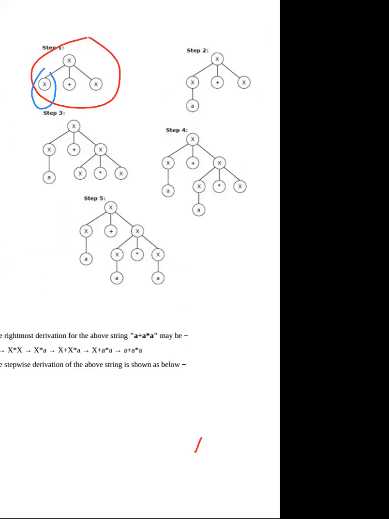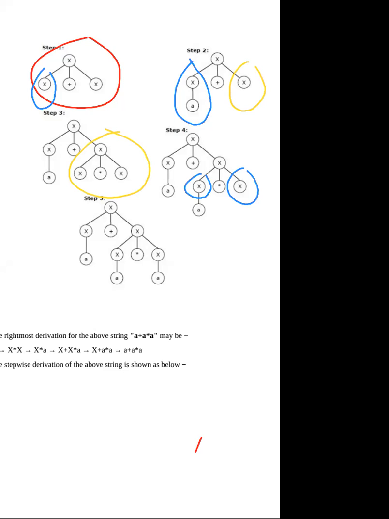Because we are using leftmost derivation. Then there is only one X left. After that, that X is replaced by X into X. Then again there are two X, this X and this X. Which X do we replace?